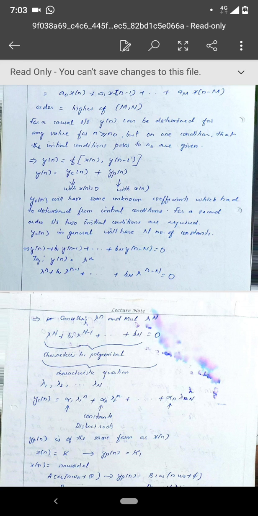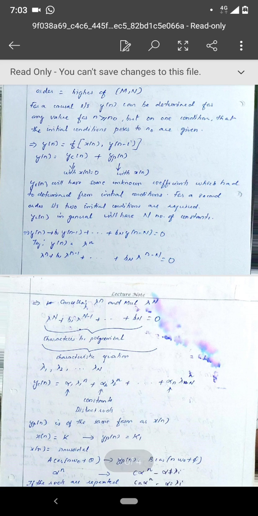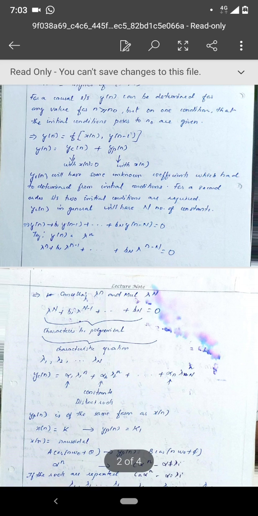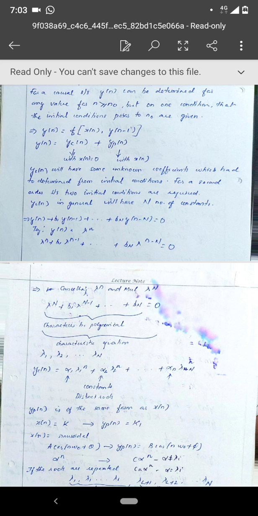So what is yc of n? That is the complementary function, which is determined with input equal to 0. That is, yc of n is found from initial conditions. For an output to generate, there should be some sort of an input. Either it should be an external input, or it should be from the initial condition. Initial conditions are also input. That is the initial charge in a capacitor, that is an initial condition.